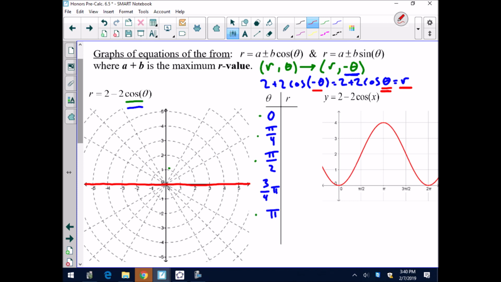So right here, what I've done is I've got some rotations that will basically take me across the top of the x-axis, from 0 to pi, right? And what I'm going to do is evaluate these rotations, and they're going to be rotations of 0, pi over 4, pi over 2, 3/4 pi, and pi.